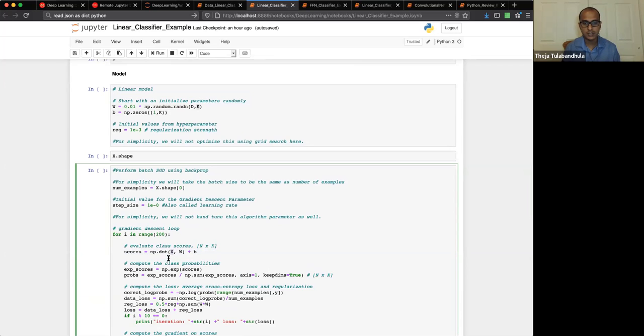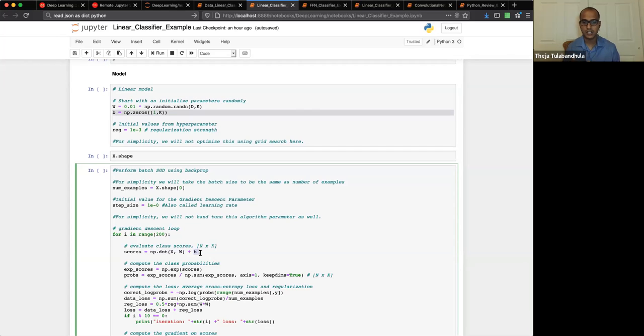You'll get 300 cross 3 numbers plus B. Now B is just a 1 cross 3-dimensional vector. This guy, as I said, is 300 cross 3. This is 1 cross 3. So the way the addition happens is this 1 cross 3 gets added to every row in your 300 cross 3 matrix.